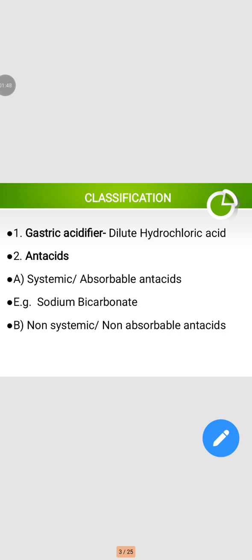So antacids are two types, systemic and non-systemic antacids.